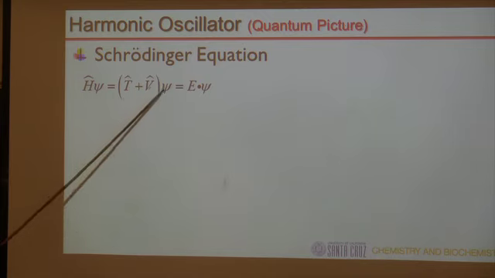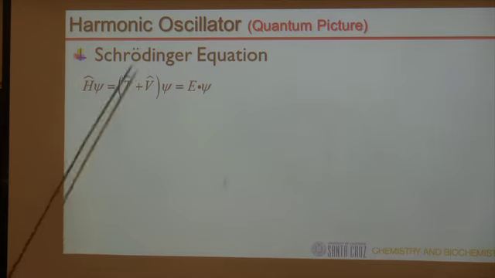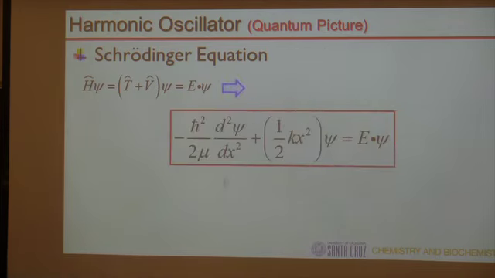And the operator acting on the wave function gives you the total energy times the wave function. Okay, that's how you set up. And for this specific case, the harmonic oscillator, the V operator will just be the potential energy, so 1/2 kx squared.